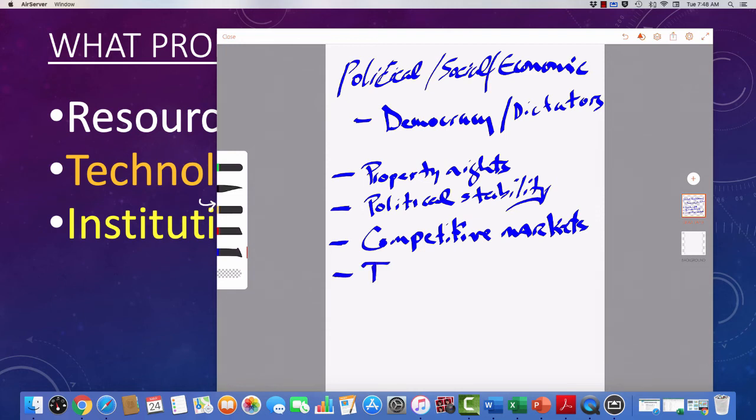Trade, specifically trade with other countries, is another institution, another thing that people agree that they want to have that leads to a lot of economic growth. And we can look very specifically at countries like South Korea, Singapore, Taiwan, and Hong Kong. These countries were known in the 80s as the Asian Tigers.